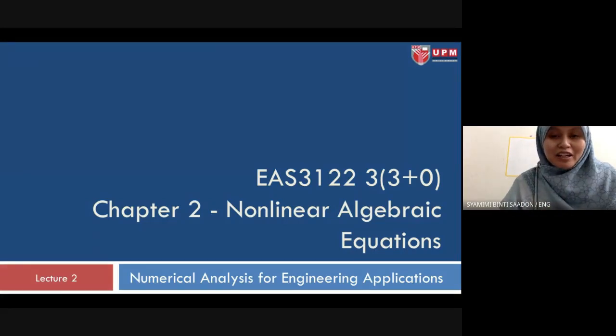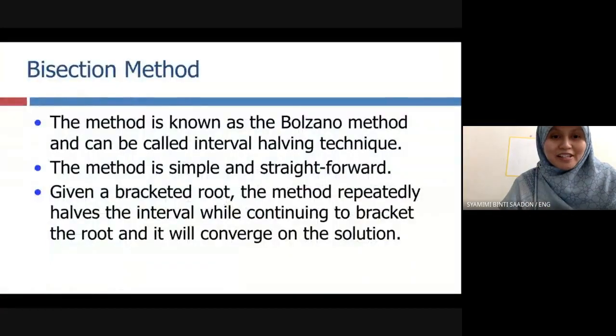There are two methods that I'm going to introduce for nonlinear. The first one is the bisection method, also called the Bolzano method, but usually we use the name bisection method, and it can be called the interval halving technique as well.